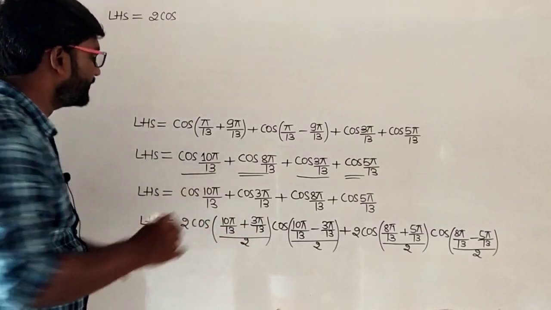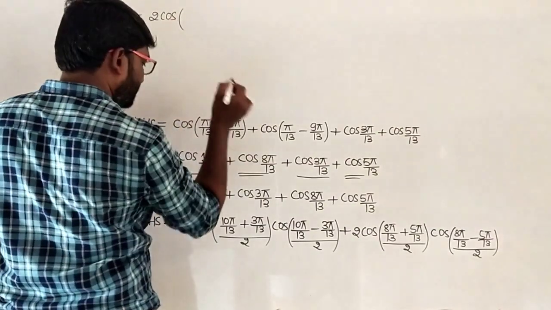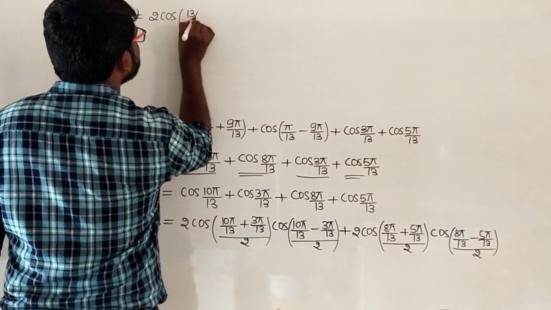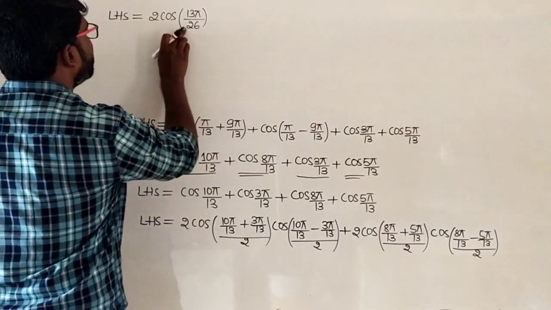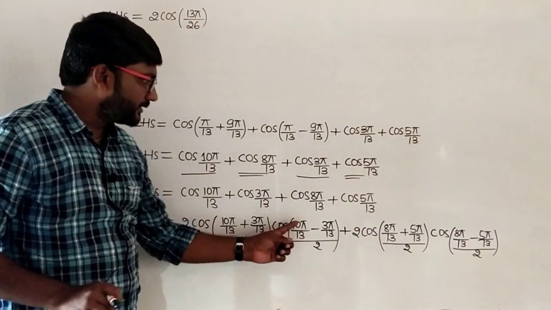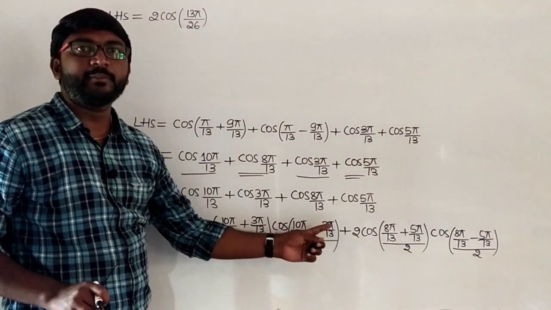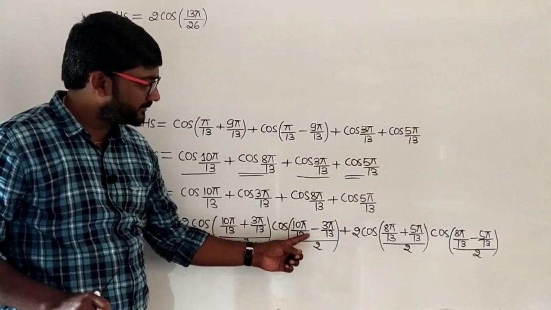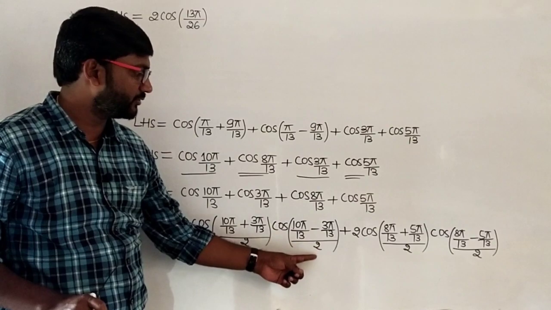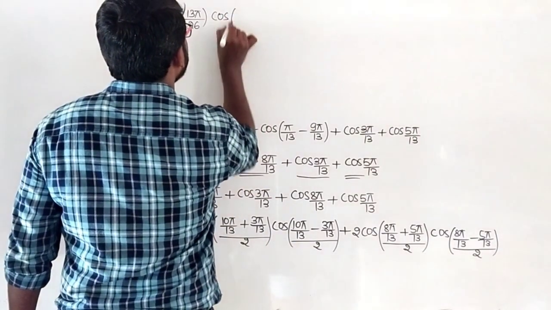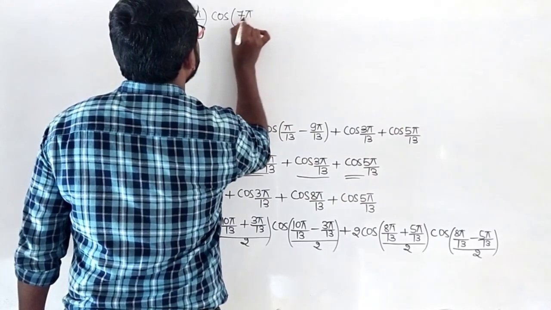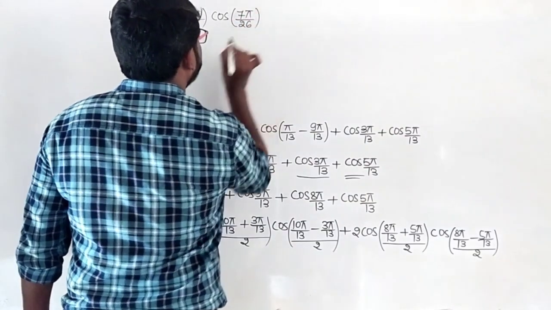So overall we get 13 pi divided by 26. Then simplify this now. 10 pi minus 3 pi will be 7 pi, 7 pi divided by 13 whole divided by 2. 13 into 2 it is 26. So into cos 7 pi divided by 26.